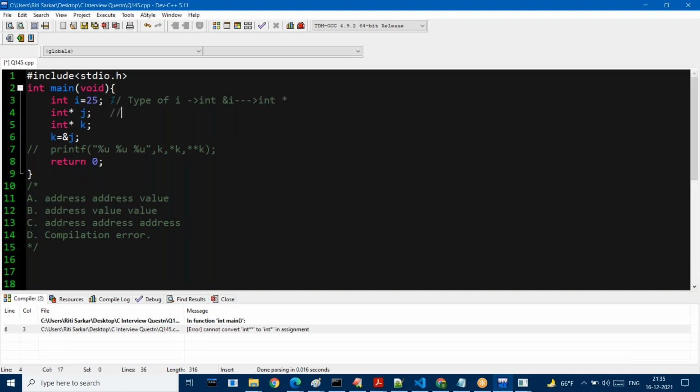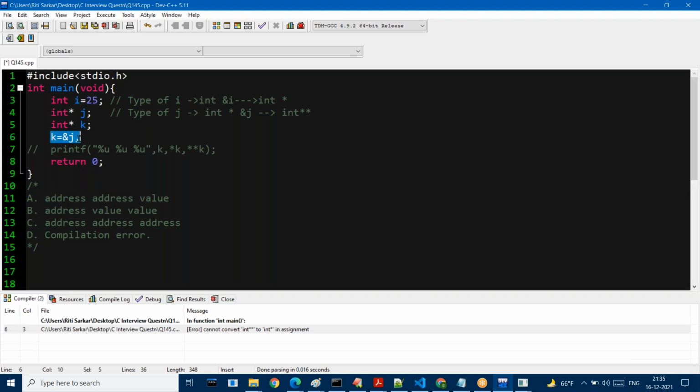Similarly, the type of j is int *. Then the type of &j is what? Int **. That's why it is telling cannot convert int ** to int *, because the type of &j is int **, but the type of k is int *. Understanding?